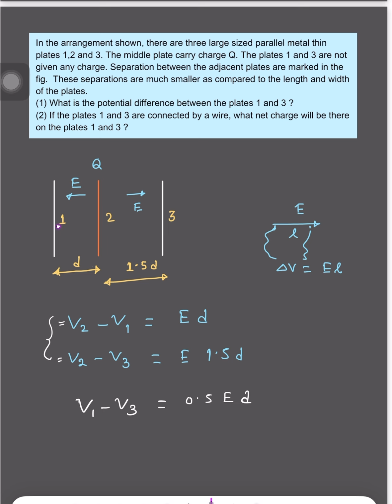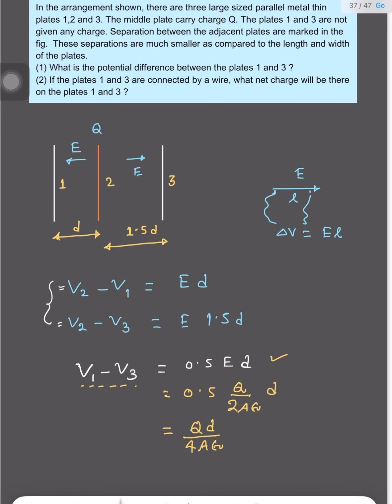So plate 1 will be at higher potential, and that's why V1 minus V3 is positive. Just place the value of E, that is Q upon 2A epsilon naught. So the answer to the first question comes out as QD upon 4A epsilon naught, right?